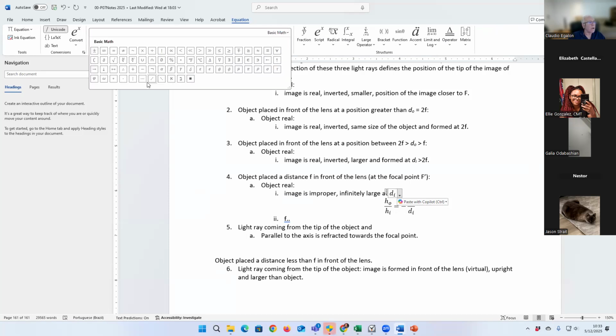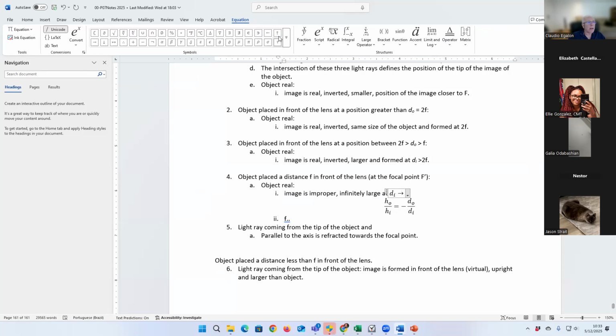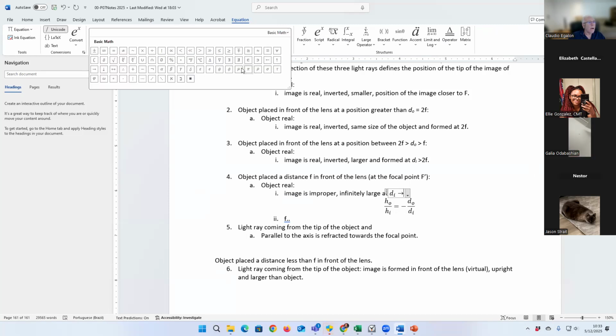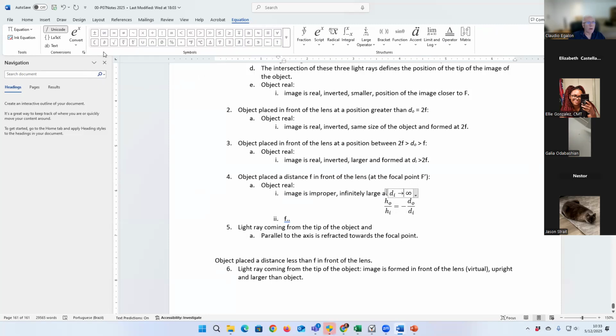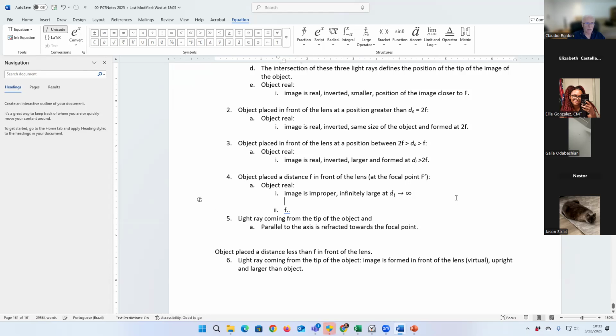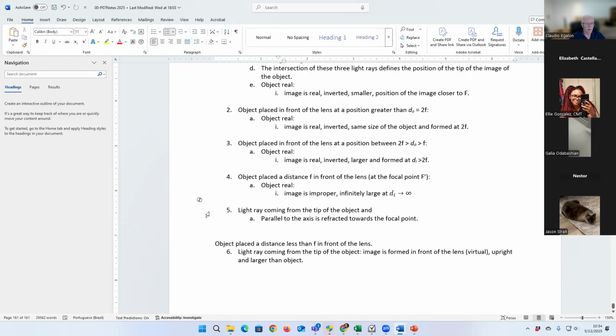This arrow here. Where's the infinite? Oh, right in here. Okay. We don't need that. Okay, object placed at distance f.